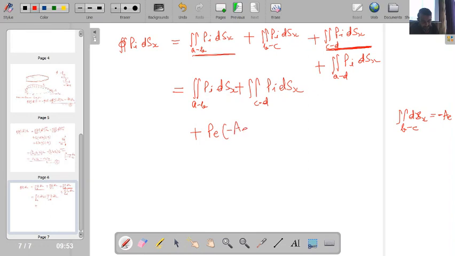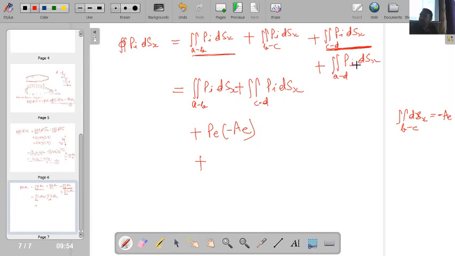Is this clear? Please tell me. AE is the area of that outlet, and it is in the rightward direction, which is opposite to the positive x direction.